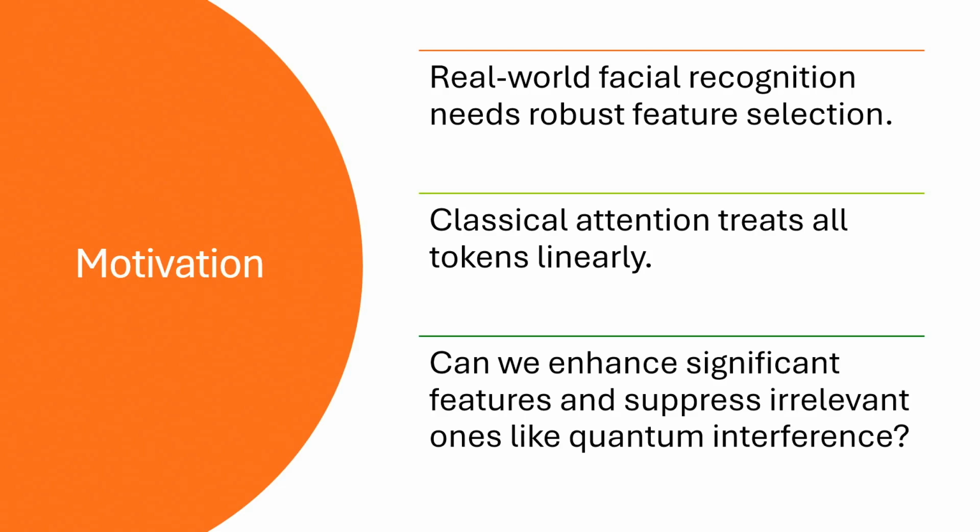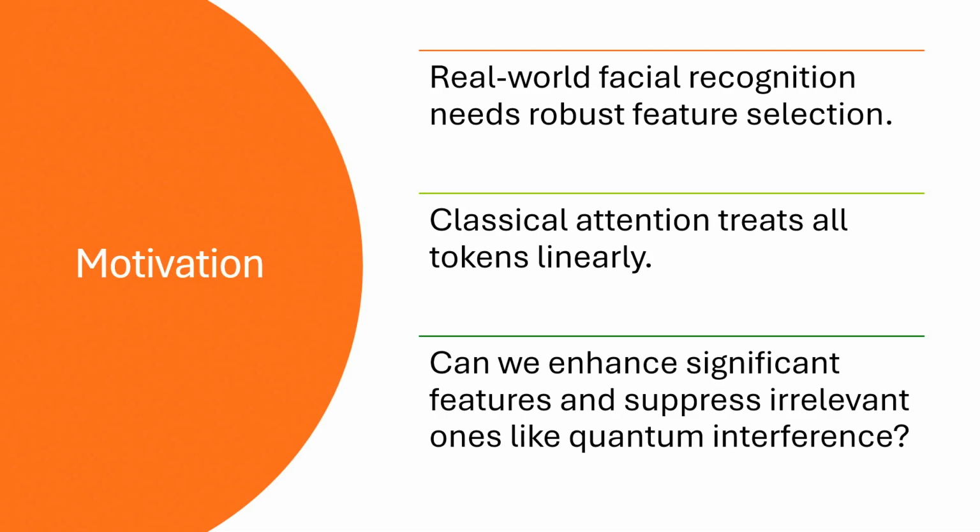Real world facial recognition models, especially the academic ones, are very heavy. The lightest one that I remember is about 20 to 30 million parameters, and the idea is that it looks at everything. So what we want to talk about here is, can we teach our model to only look at the significant features and suppress irrelevant ones using quantum interference?